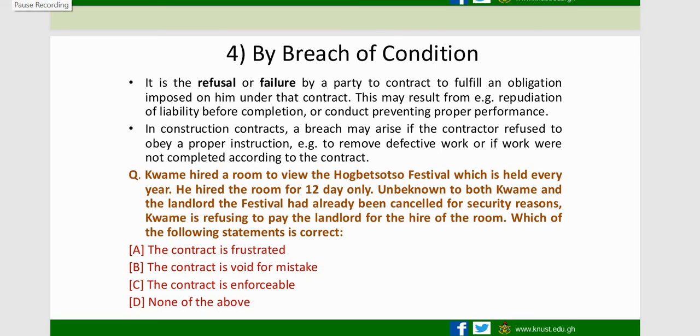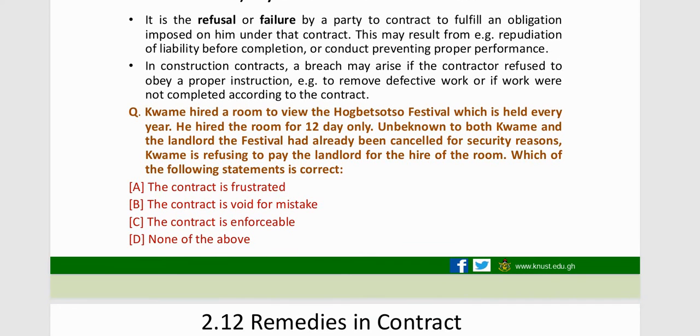And now because the festival has been cancelled, it means even if Kwame paid the money initially, the landlord is supposed to refund the money, because I made it clear to you that I'll be using the room for 12 days for Hobochocho, whether I'm going to sell there or do something there. But since the festival is not coming on, I don't need the room anymore. So if I have paid you, just refund me. If I haven't paid, it means I'm not supposed to pay. I hope you get it. So the contract is frustrated. I hope that is clear.